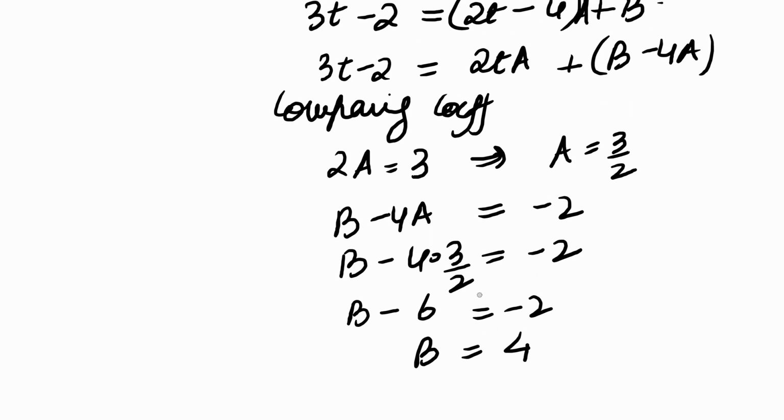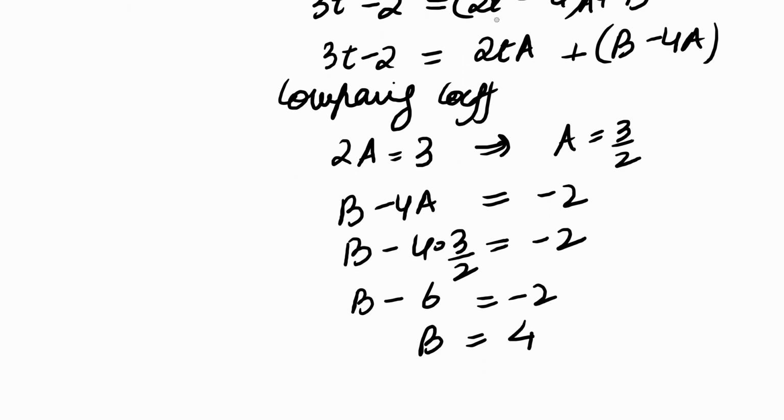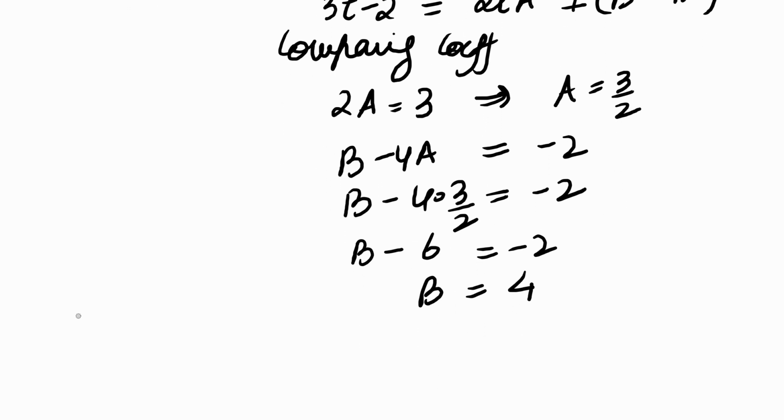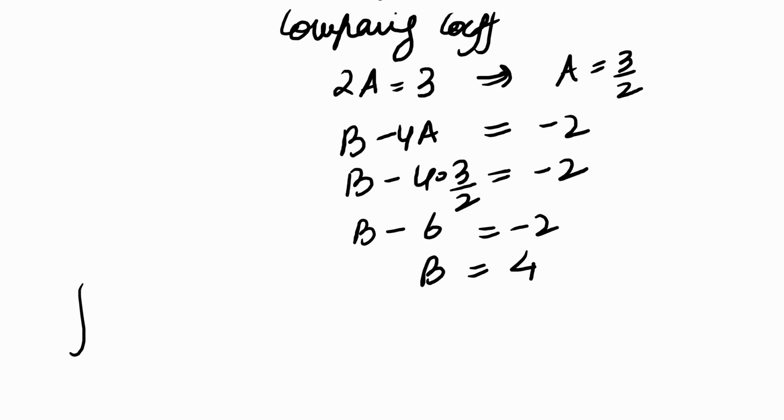So how can I write the numerator? From here we can see, I can write the numerator as 2t minus 4 into a. What was a? 3 by 2. So we will write it outside, 3 by 2, and the denominator will be same.